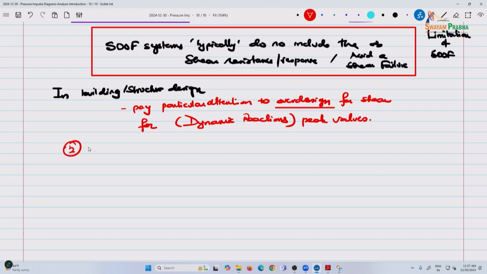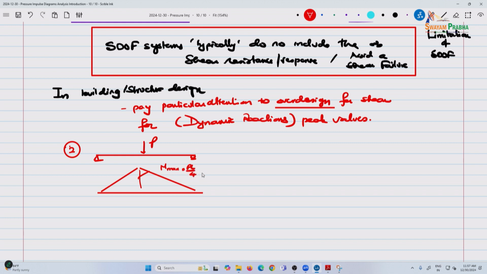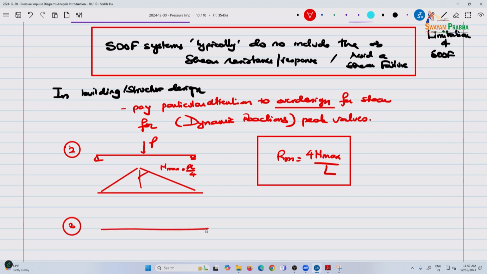Other examples, the second case is if you have P and we know the moment is PL by 4, right. So, in this case Rm is simply 4 M max divided by L. Or the third scenario we saw was, why are these the most common ones?